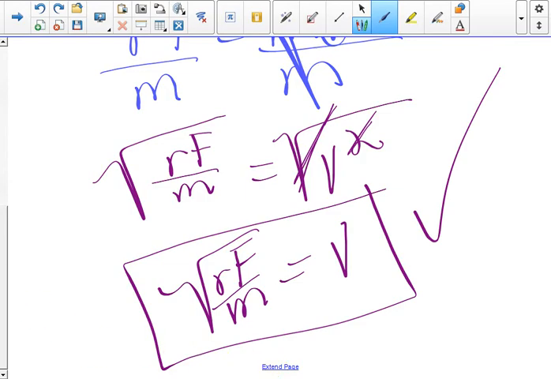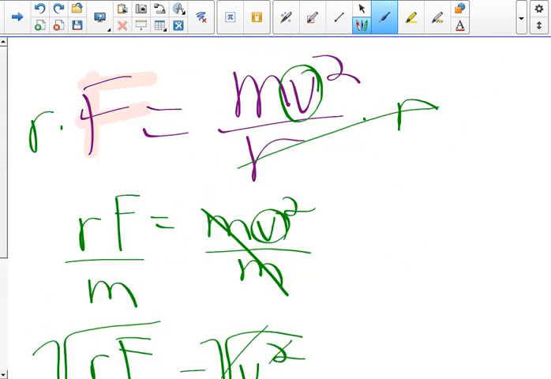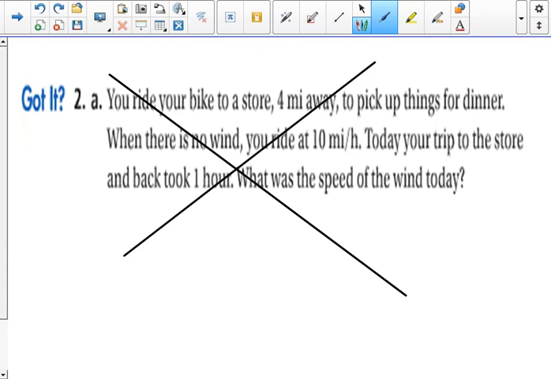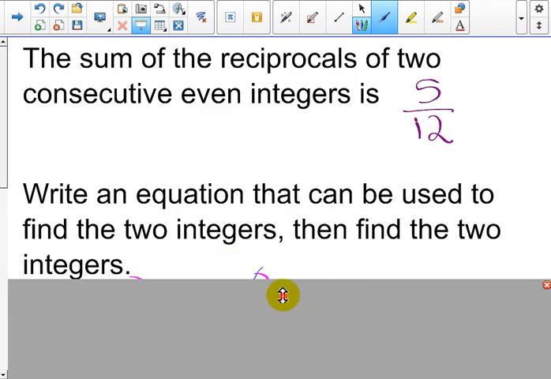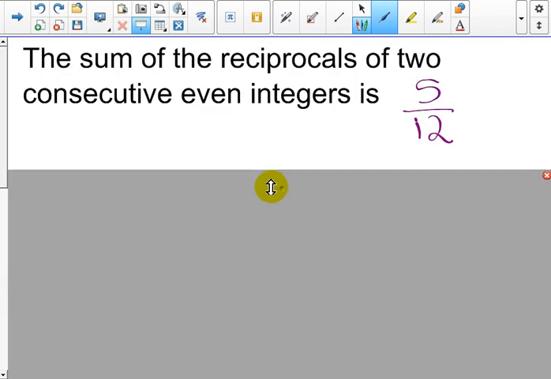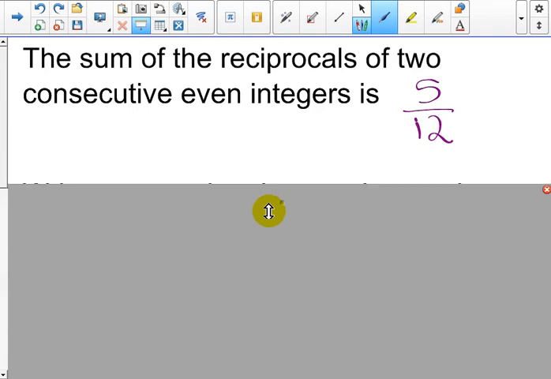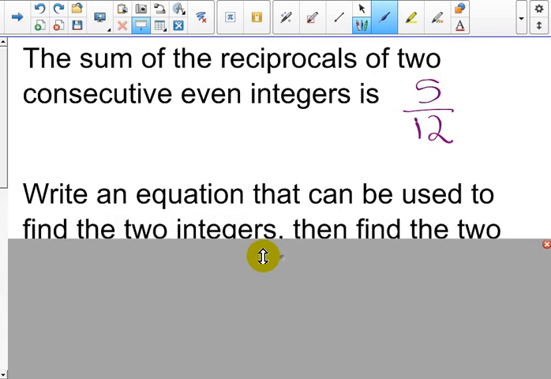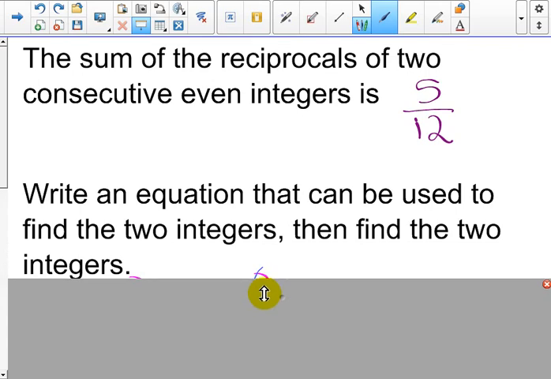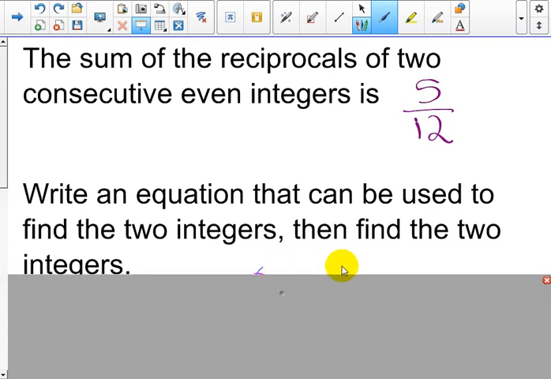Now let's look at the next problem, the word problem. If I tell you the sum of the reciprocals of 2 consecutive even integers is 5/12, write an equation that can be used to find the 2 integers. Then find the 2 integers. So when you think about the sum of 2 reciprocals, what if it even wasn't there?